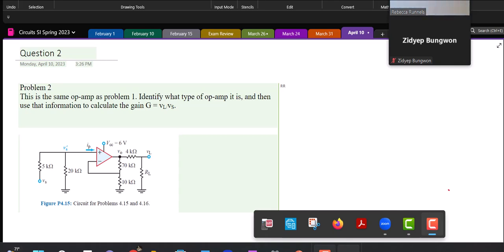Problem, but we're going to look at it and see if we can match it up to any of the op amps that we know.